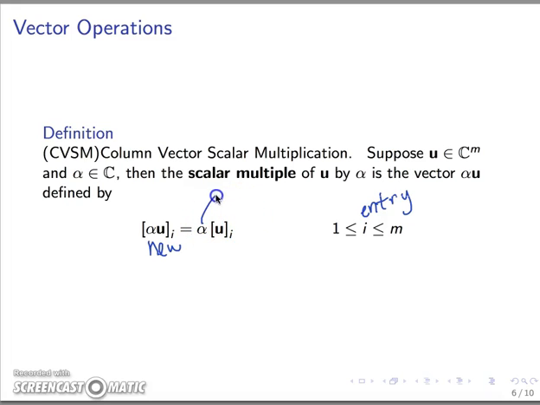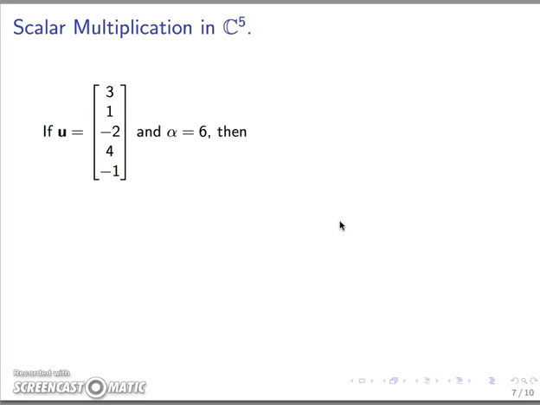So alpha is a complex number, and so is u sub i. So this is a multiplication of two complex numbers, which is well understood and well defined. And this is the definition of scalar multiplication.